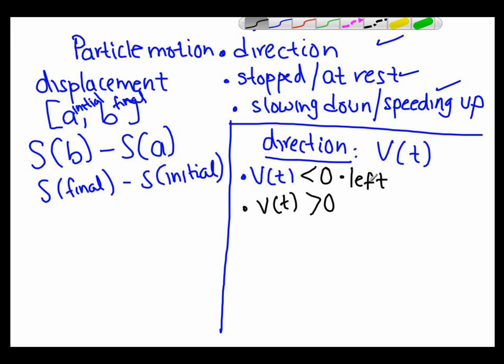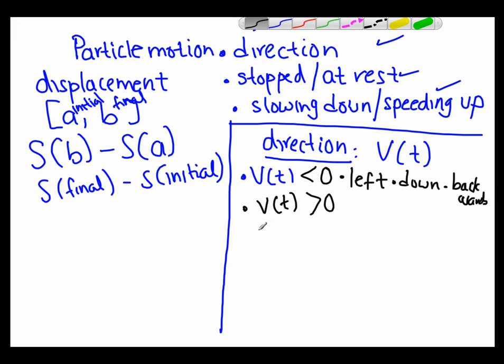They're going to ask you, is it moving to the left or to the right? Or they might ask you, is it moving up or down? Or is it moving forward or backwards? So you got to basically understand what the problem is asking you to do. So left or down or backwards. Okay?